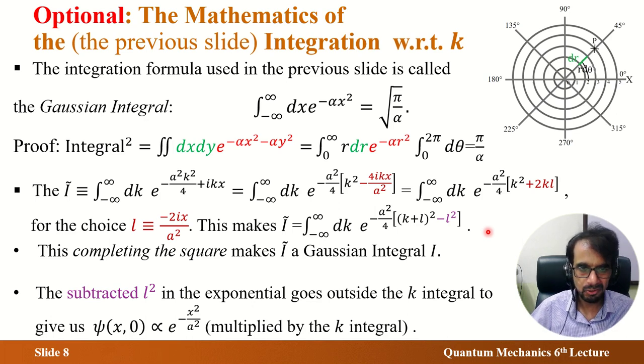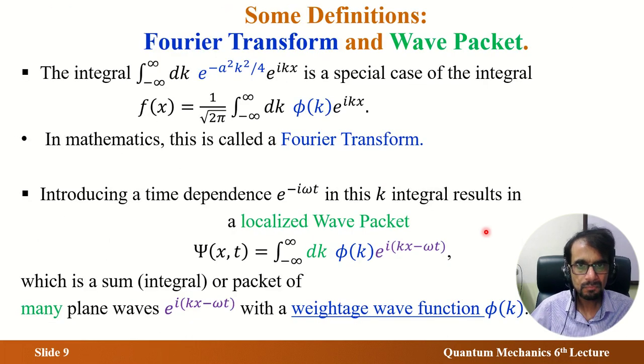Some agree, some are interested, some not interested, but what I think is of interest to everyone is that this integral which I solved is a special case of what is called the Fourier transform. And the Fourier transform is a special case of what is called a wave packet. In the Fourier transform, this k square was made an arbitrary function, and this has no time dependence.